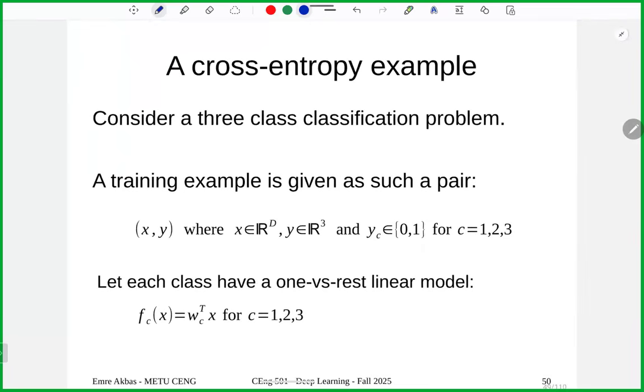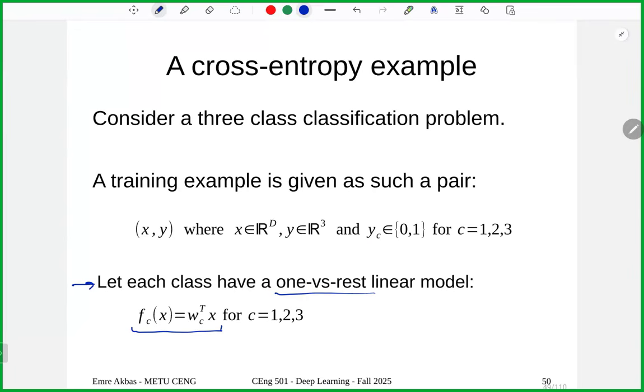Now, we need to assume a classification model for this. Let's assume each class has a one versus rest, or one versus all, linear model. That means for each class, we have a linear model like this.